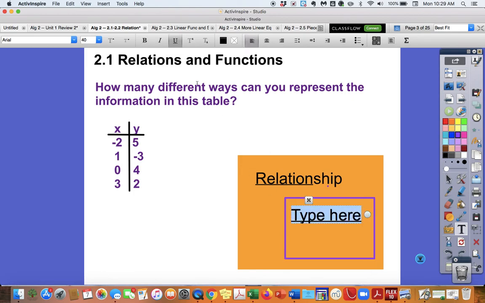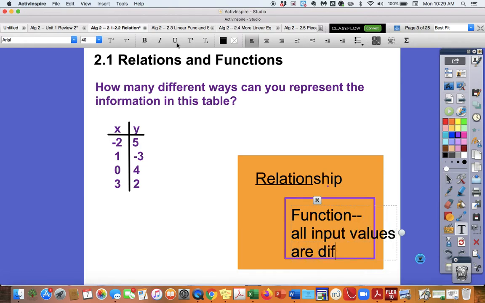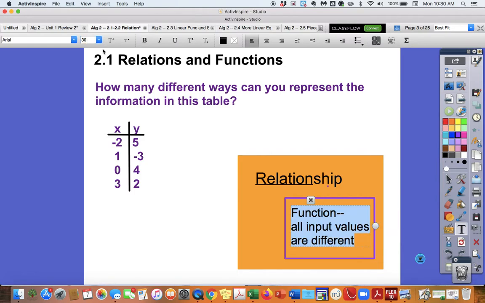Functions are special in that all of the input values will be different. It doesn't really fit in the spot, but you get what I'm saying. So we're going to distinguish between the two. Functions are a subset of relations.